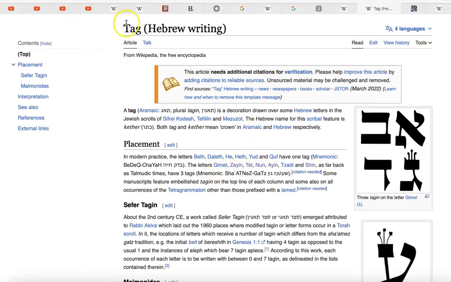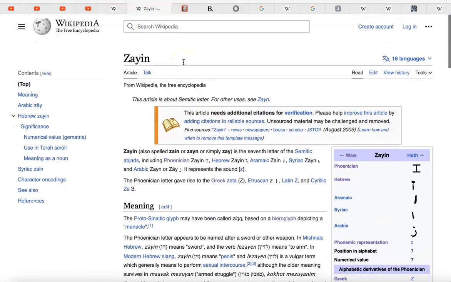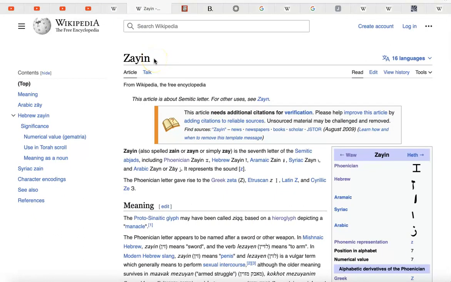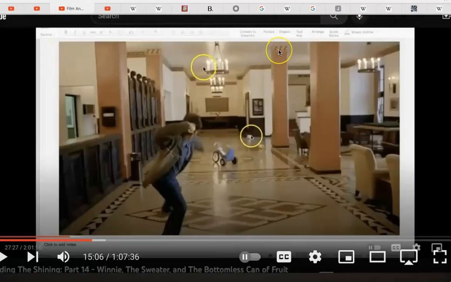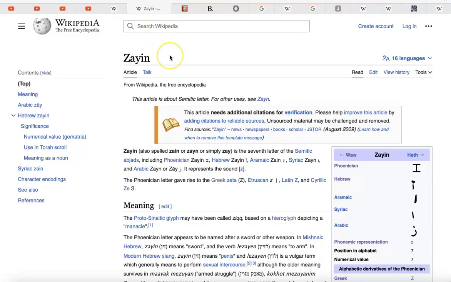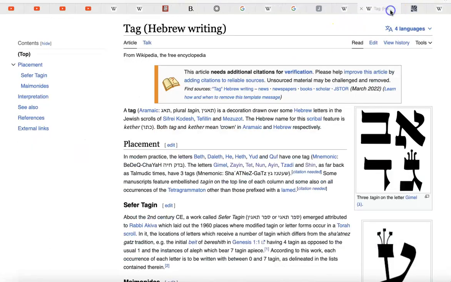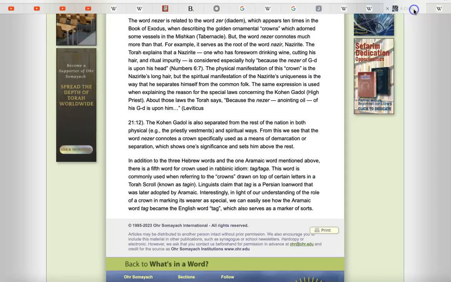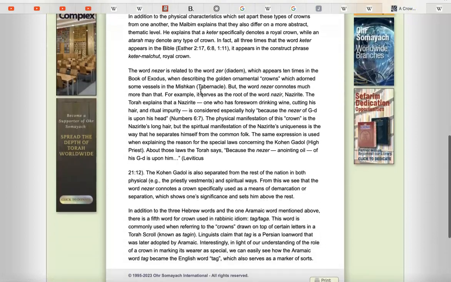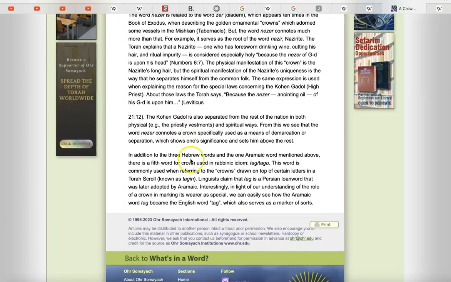One of them happens to be the letter that I think I've identified as the Z here, which leads us to the letter Zayin, both in Phoenician and Hebrew. And then it's one of the letters that receives a special marking in Torah scrolls called a tag or taggin. All right. And then the rabbi here tells us that the word tag is a 5th word for crown used in rabbinic idiom. Okay. What are the odds?